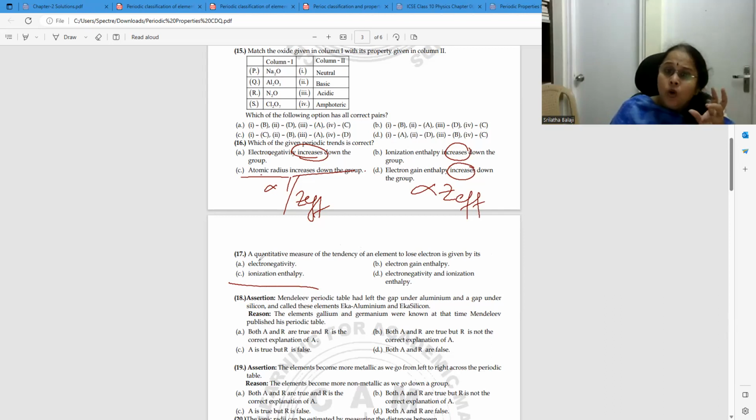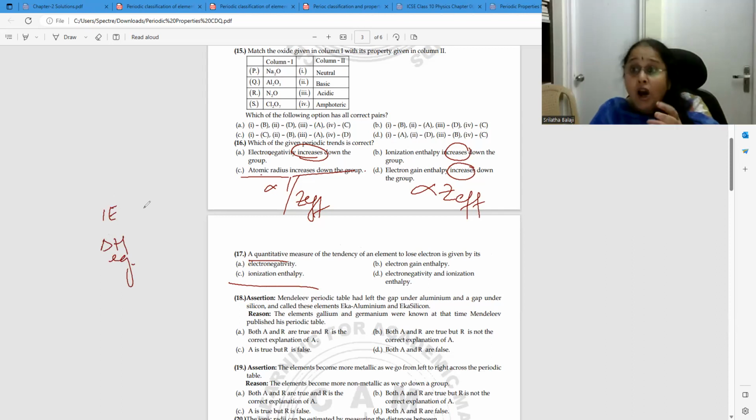What do you mean by the word quantitative measure? There are only two cases where you actually measure the value: ionization enthalpy and electron gain enthalpy. You find how much energy is absorbed and how much is released, and we gave examples with so many kilojoules per mole, positive and negative values.